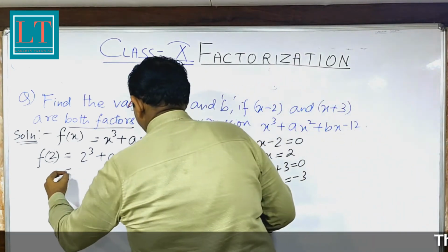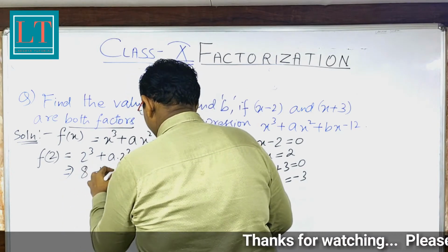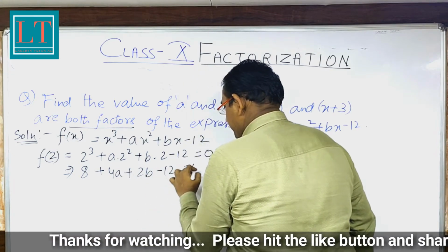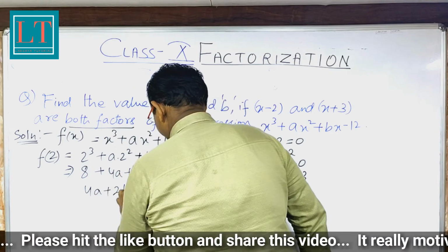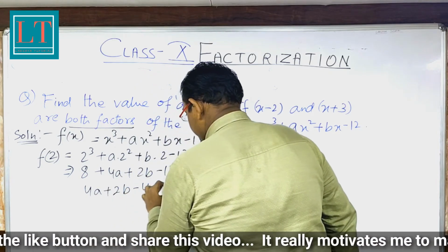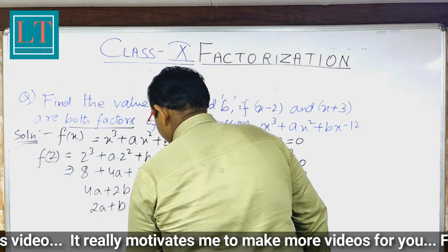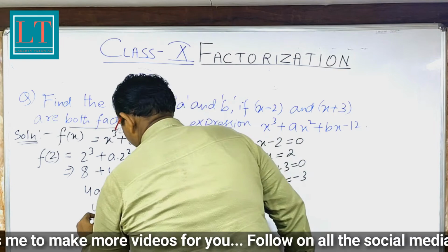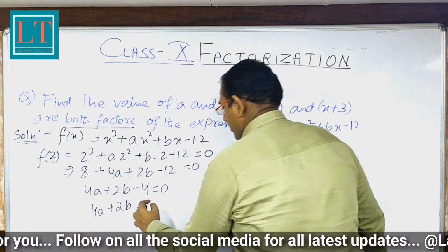Now if we simplify this part, we get 8 plus 4a plus 2b minus 12 equals 0, or basically 4a plus 2b minus 4 equals 0, or let me write this as 4a plus 2b equals 4.